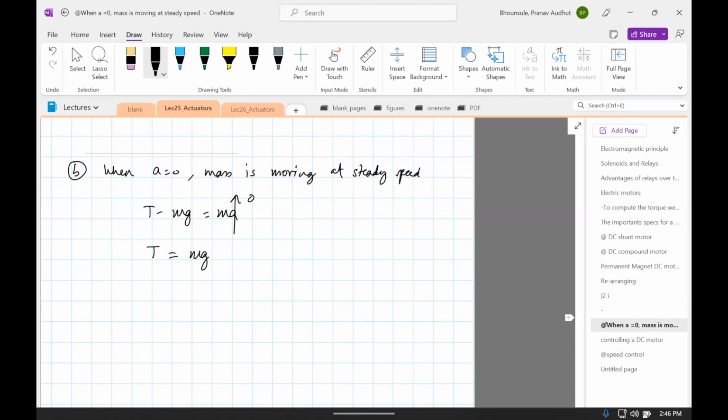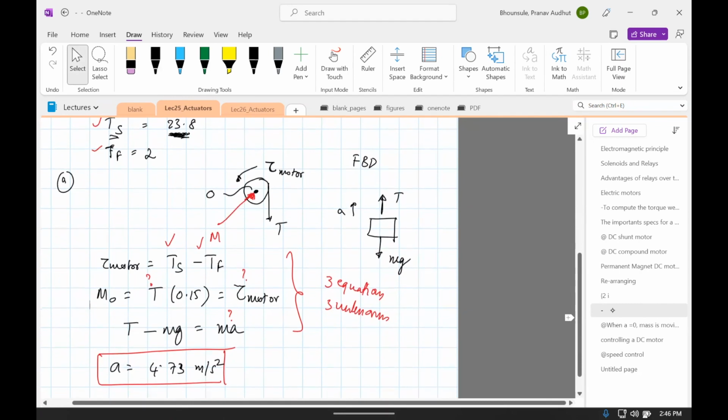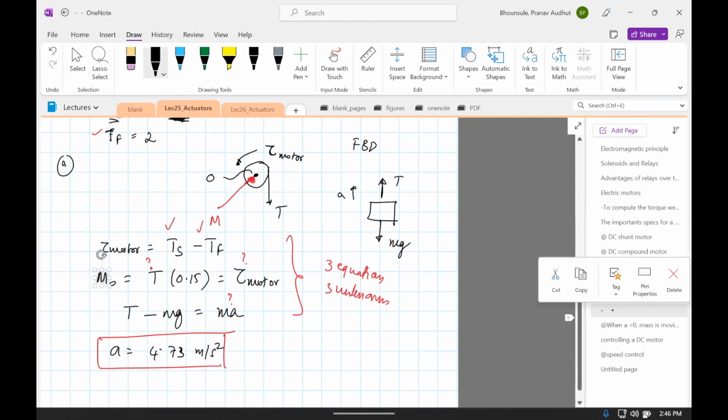So we get T. We also wrote down the torque of the motor. See that expression. T motor is T times 0.15.